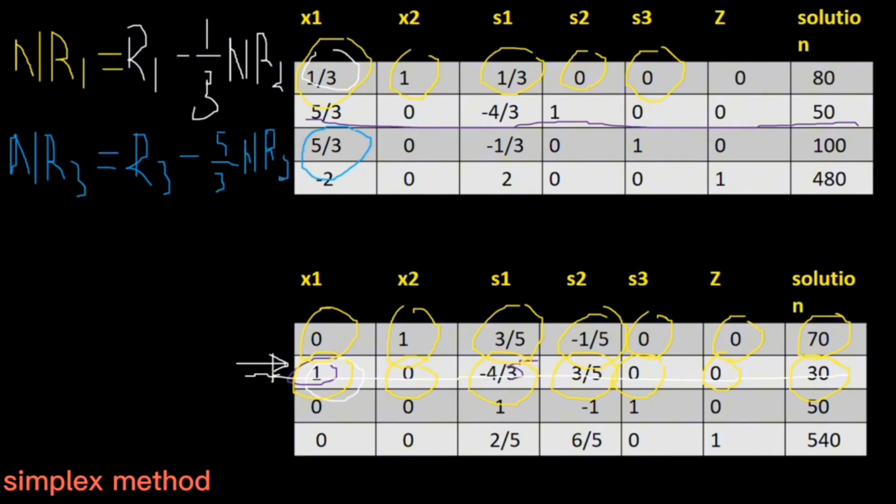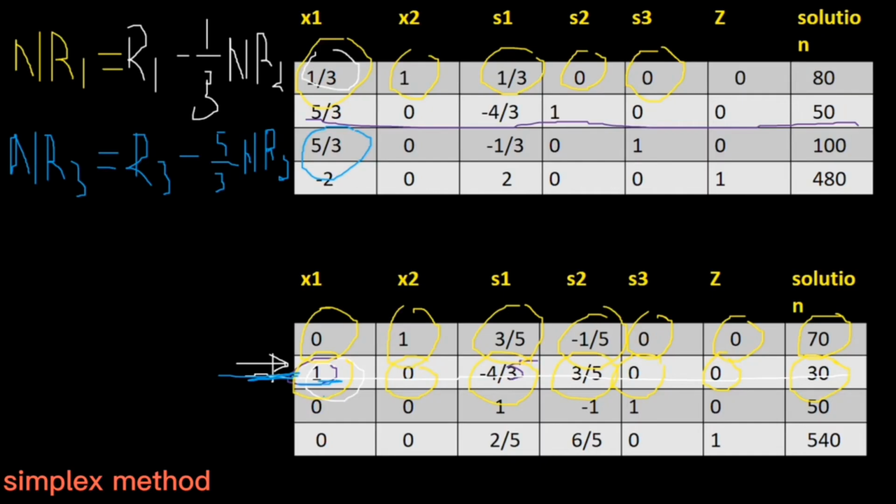I know some guys will be tempted to just do this 5/3 minus this 5/3 to have 0. I want to have 0, but you are not going to have the answer since you didn't obey the law, because you need to use the pivot point, that is this one. That is row 3 minus 5/3 of new row 1, that is this one. Let's solve it together.